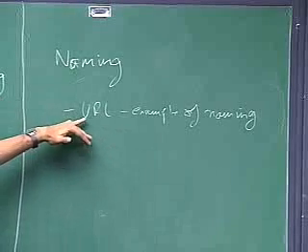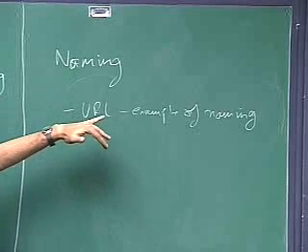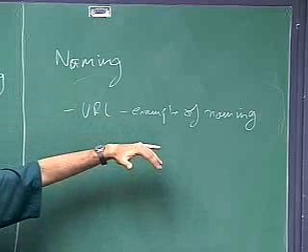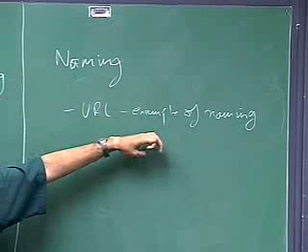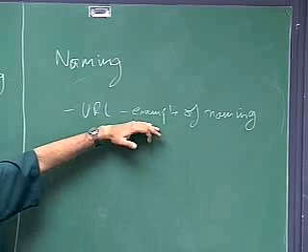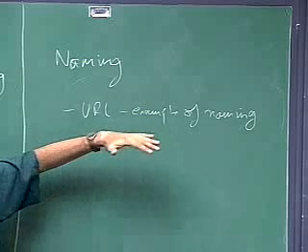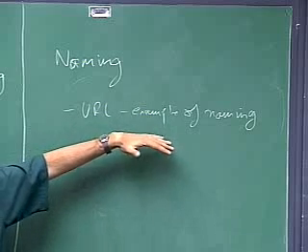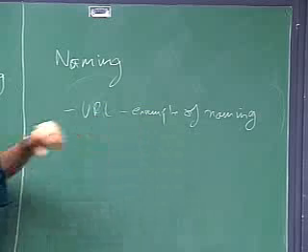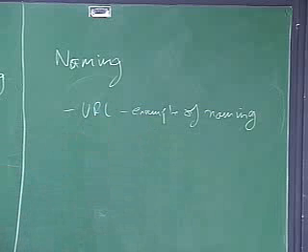URL is Uniform Resource Locator. So it's a naming scheme for identifying resources. So it could be a web page, an FTP site, or anything like that. So URL is an example of naming.